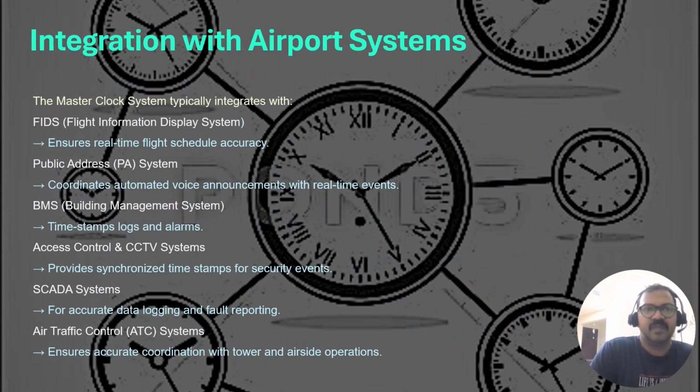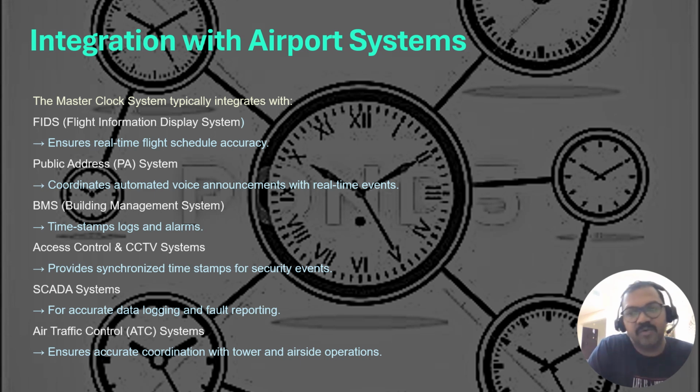Right. Then integration with the airport systems. As we discussed before, many systems are integrated with the master system. Majorly, the flight information display system ensures real-time flight schedule accuracy, while the public address system coordinates automated voice announcements with real-time events. The building management system, BMS, provides timestamp logs and alarms, and security systems like access control and safety systems provide synchronized timestamps for security events.